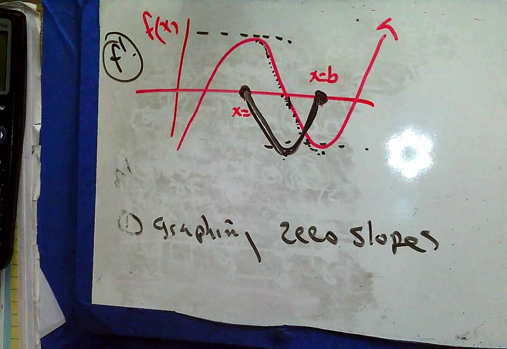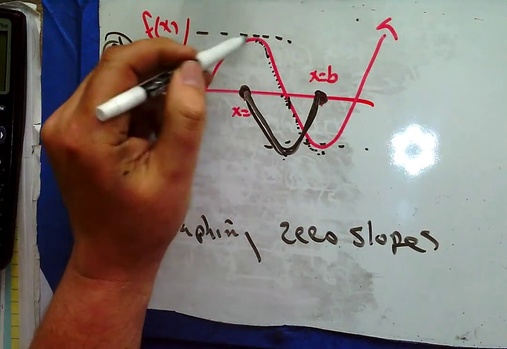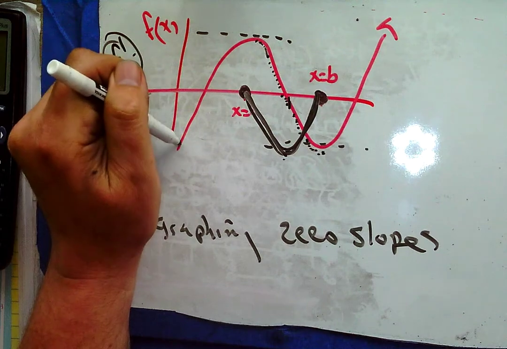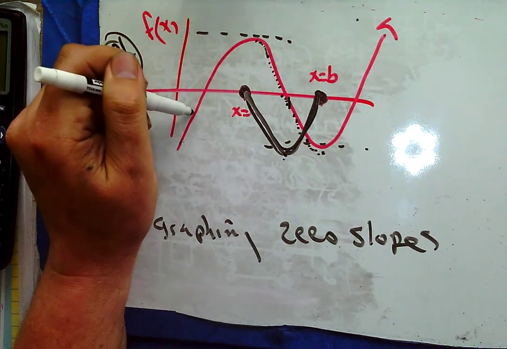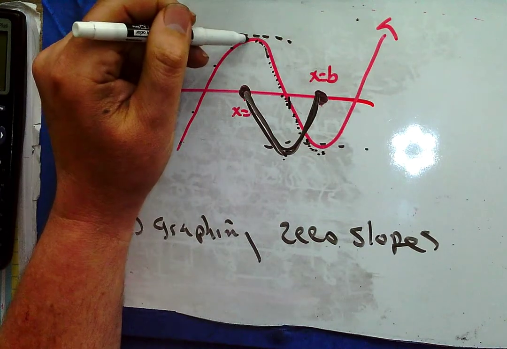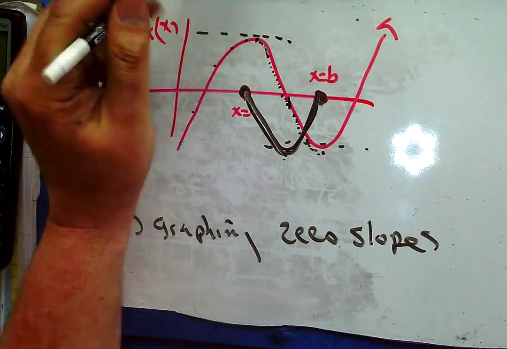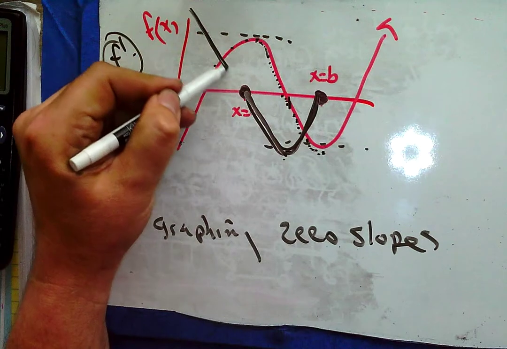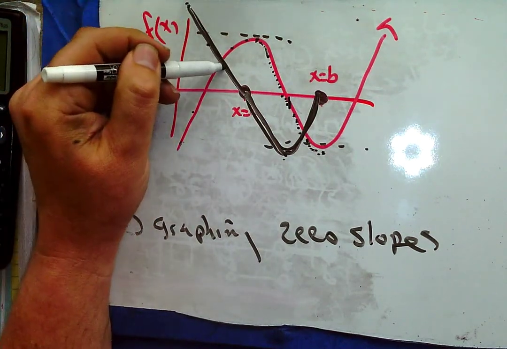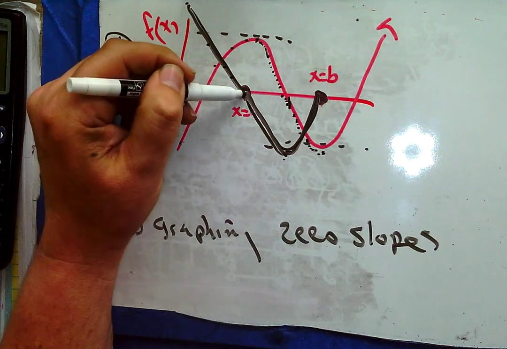Okay. What about on this side? Well, I see very positive slope, and a less positive, and a little less positive, and almost 0, and almost 0, and 0 slope. So very positive, less positive, less positive, almost 0, 0 slope.